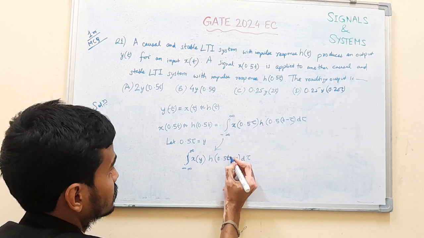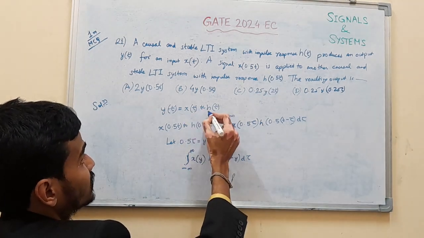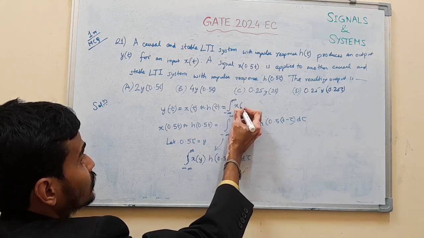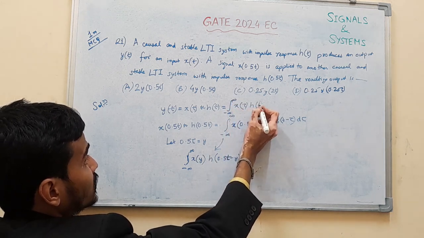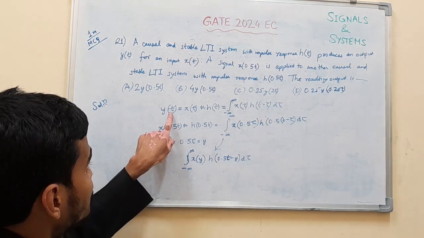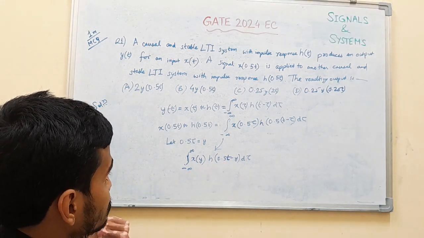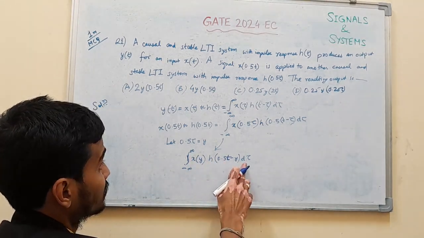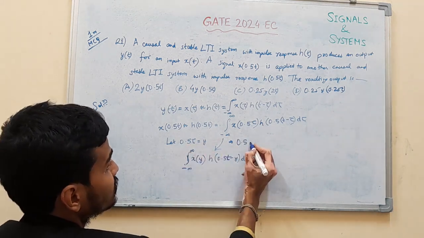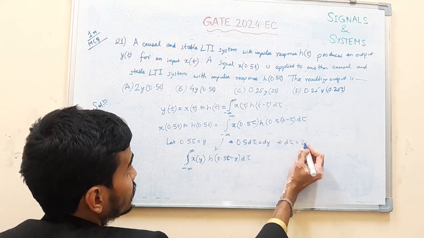If we expand this x of t, h of t convolution, we write this as the integral from minus infinity to infinity of x of tau h of t minus tau d tau. Here there is t, and there is t. Now here there is 0.5t. And d tau will be replaced by what? We differentiate both sides: 0.5 d tau equals dy. So d tau equals 2 dy.